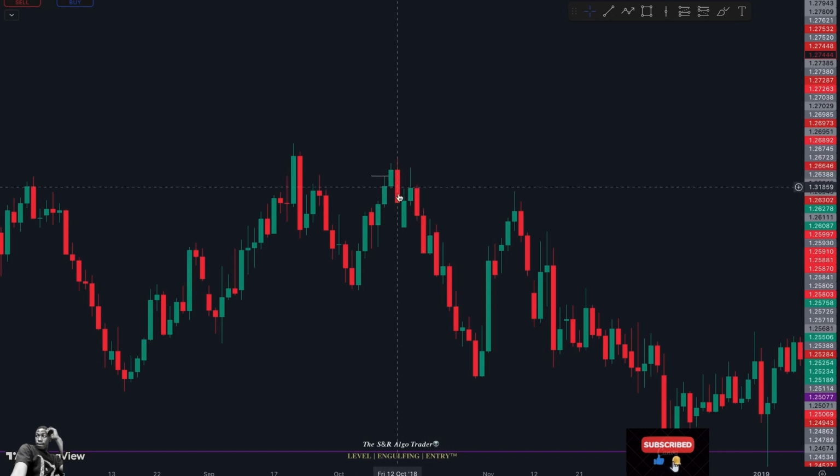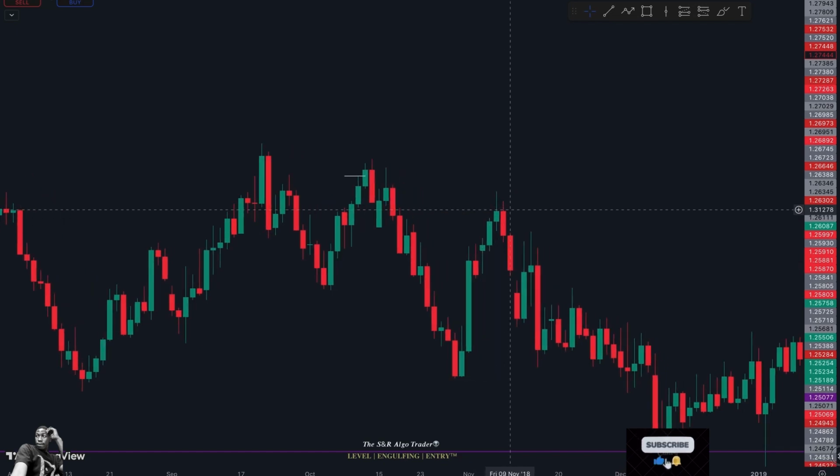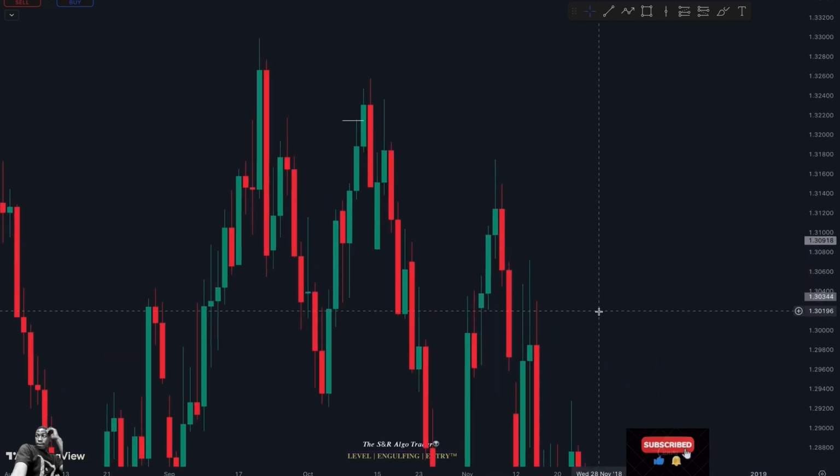But the market doesn't have an imbalance here. All the imbalances were closed. It was this bullish candle that has an imbalance here. Let me zoom in so you can see.